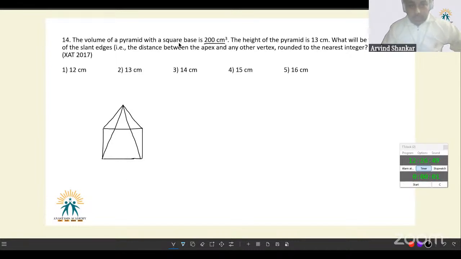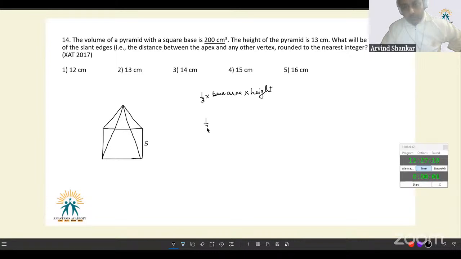Now volume is given as 200 centimeter cube. Volume of a pyramid is 1 by 3 into base area into height. The base area is unknown. The height of the pyramid is 13.